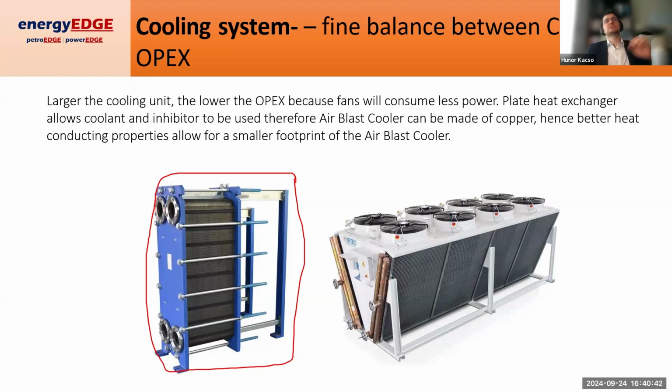If you're very close to the shore, then you will likely need a different material such as stainless steel, etc. And because it's a different material, the air blast cooler is then going to be less efficient. Therefore, you'll need a larger air blast cooler, which will increase your capex, your OPEX, etc.